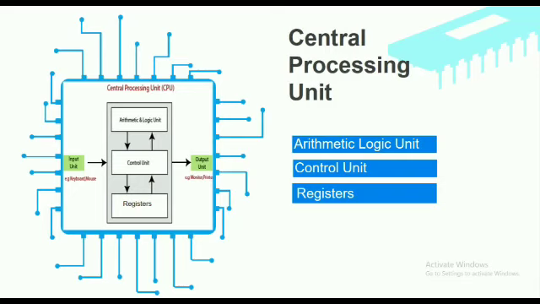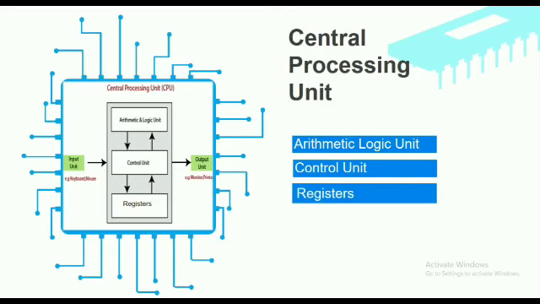Now let's see the registers. Registers are high-speed storage units within the CPU, that is central processing unit, but they have very little storage capacity. Registers are not referred to by their addresses. Instead, they are directly accessed and manipulated by the CPU.